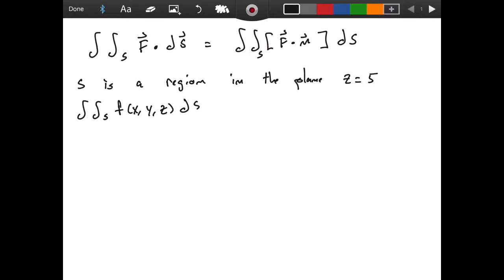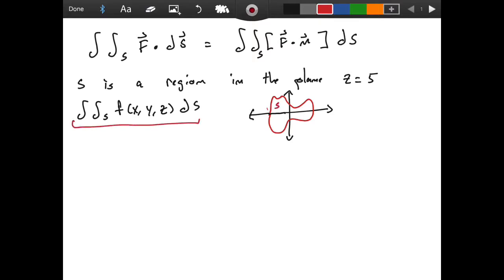Now let me sketch what this region might look like. It can be any region, so I'm just going to draw a very generic region, R. S is a region R in the xy plane, and this is the surface S. When we want to do this integral, the first step is to come up with a parameterization.